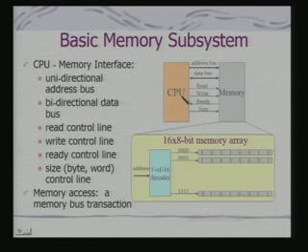These are the control signals, read, write, as well as this is a ready signal. If the memory is not able to respond to the request, it may ask the CPU to wait. So that's why another interfacing signal is a ready signal.